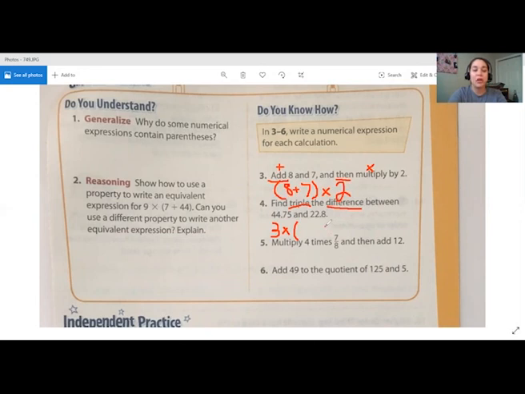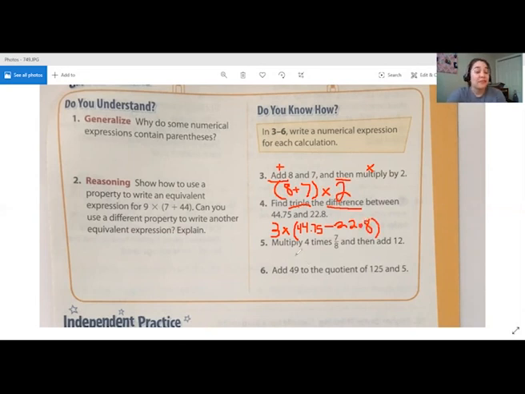I'm going to put this subtraction problem in parentheses so that we can find that difference first. 44 and 75 hundredths minus, because we're finding that difference, 22 and 8 tenths. And that's what's going to be in our parentheses. Ooh, that decimal's a little high. That's okay. Make it a little bigger.